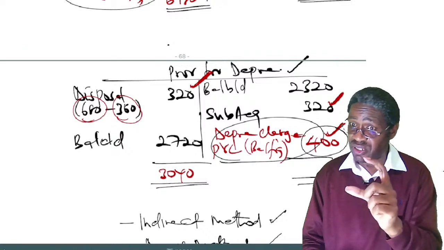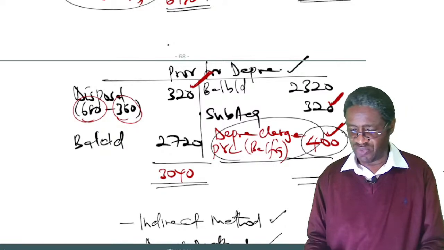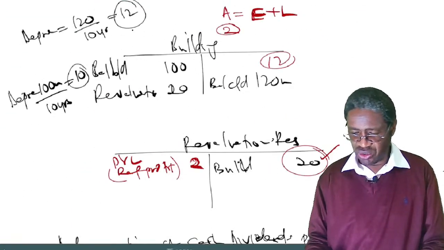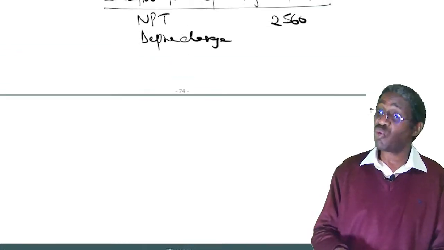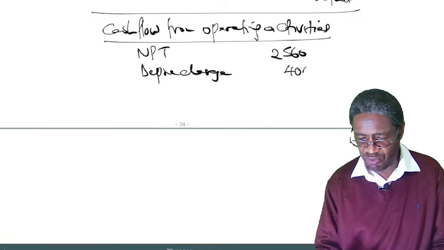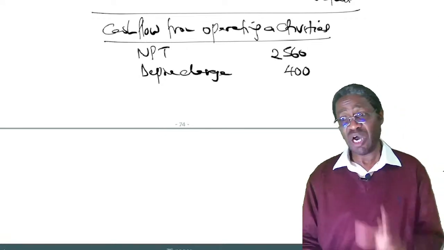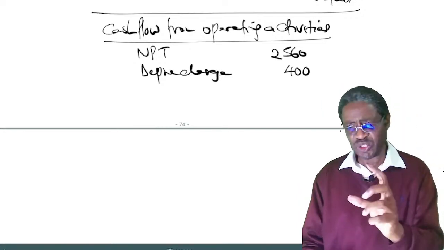So now we have calculated the charge for the year. Now let's go use it. Some questions give it to you, some don't. The amount we have seen there is 400 million. Our figures were in millions. Good. So that's the depreciation charge.